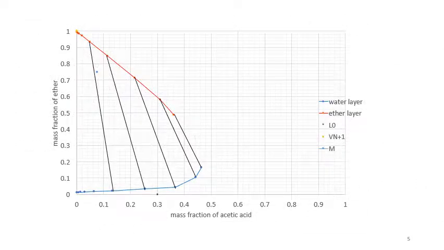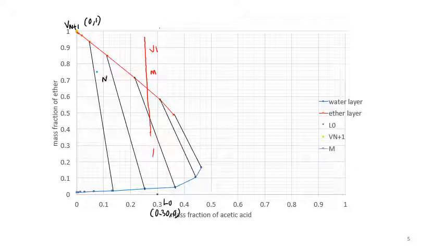So in the graph here, I have shown the plotted equilibrium line, and then you can plot the known points, which are Vn plus 1, because it's a pure solvent, it's 0, 1. And then you can also plot L0, the feed concentration, 0.3 and 0.